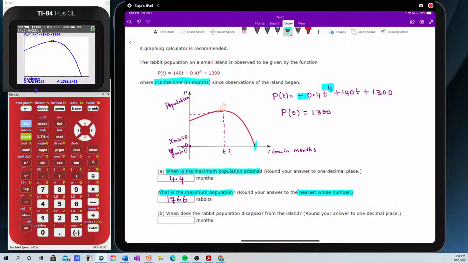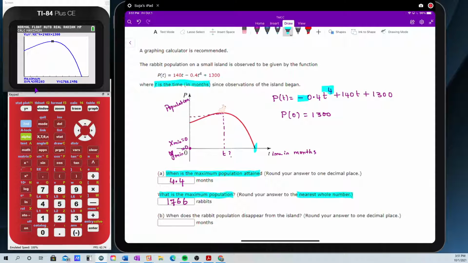That is when the population becomes 0. So this has another name. This is also called the x-intercept, or we can use 0, right? So what I can do to find this value is change my y minimum to probably -5, so that you can see the graph going down.